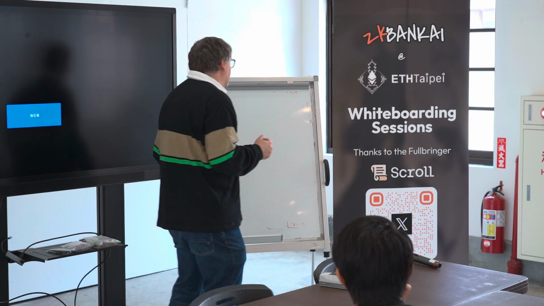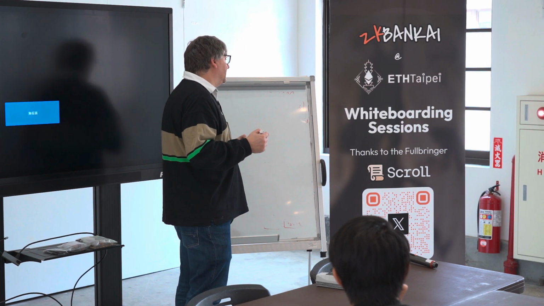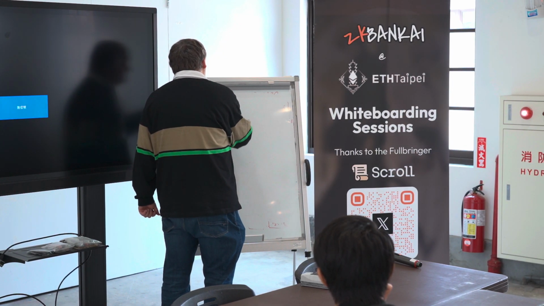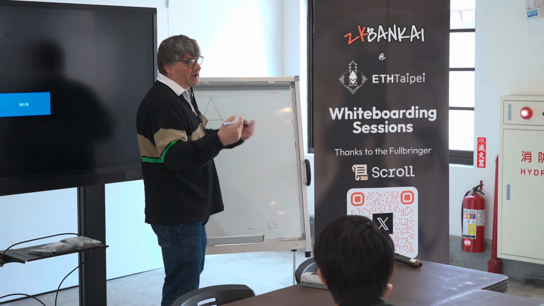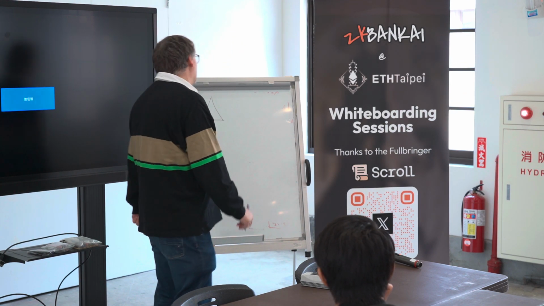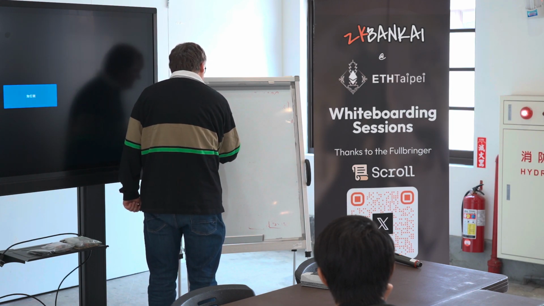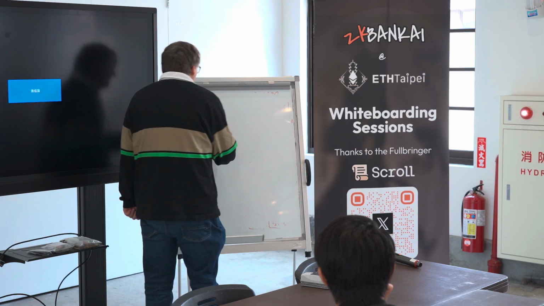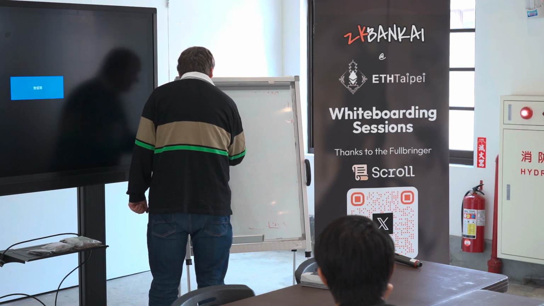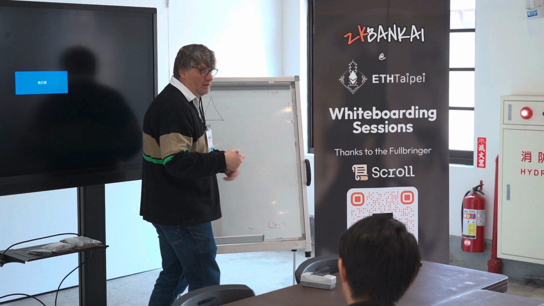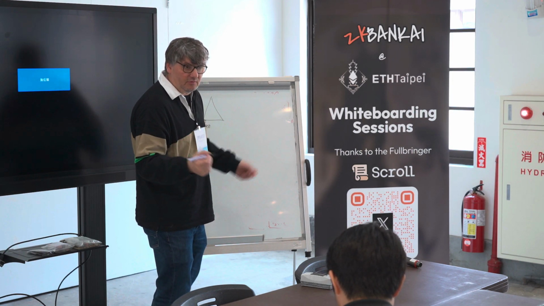If we start with layer 1, we have a tree. That's an append-only tree, kind of like a database. Every time we do a deposit, we create a leaf here. In this leaf we store the address of the token, maybe Matic, USDC, Ether, whatever.